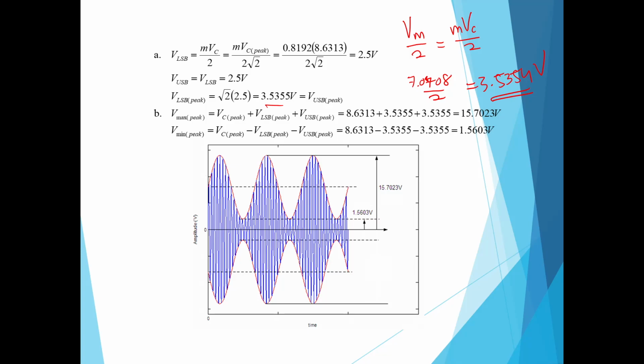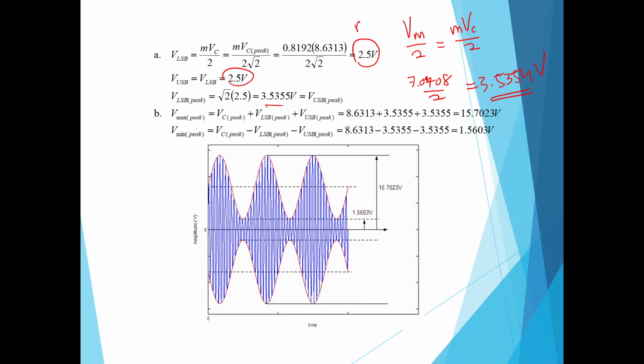Okay, so the value here, 3.5354, is actually the effective voltage, which is the RMS voltage, because if you divide by the square root of 2 you get the RMS value.